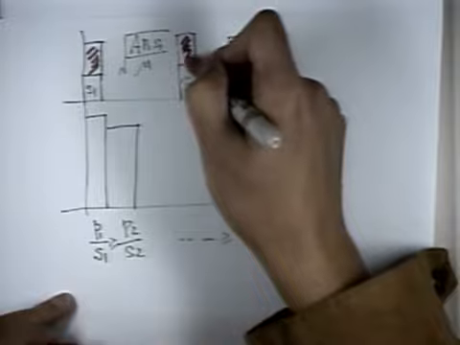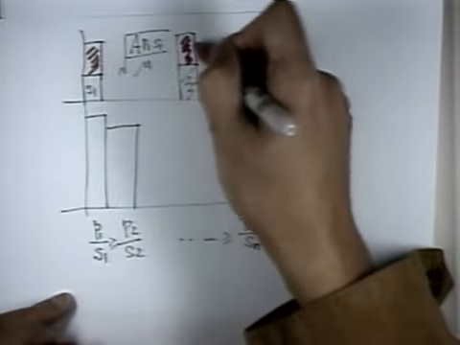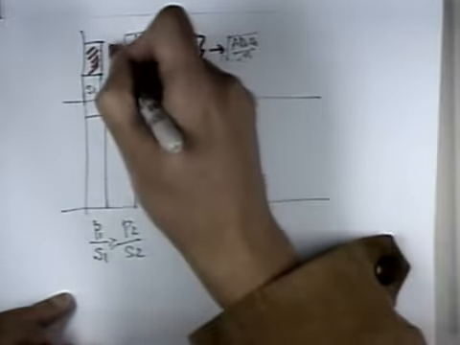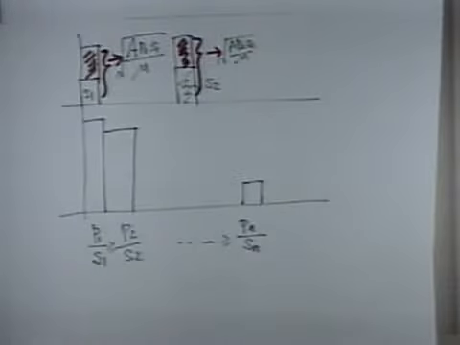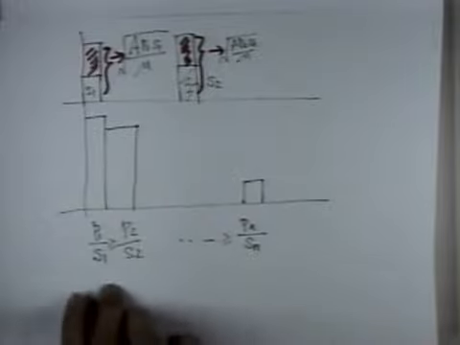Then I should bet the difference. If this is the whole thing, then I should bet only the difference. Okay? Make sense?